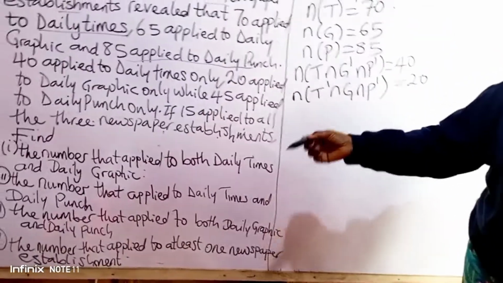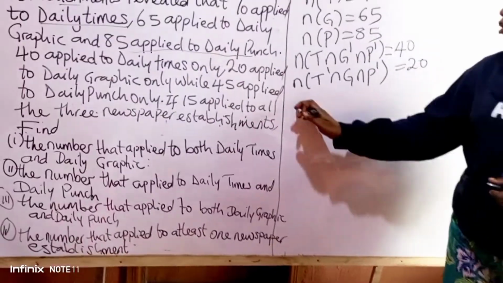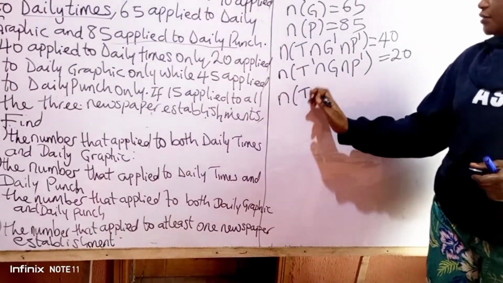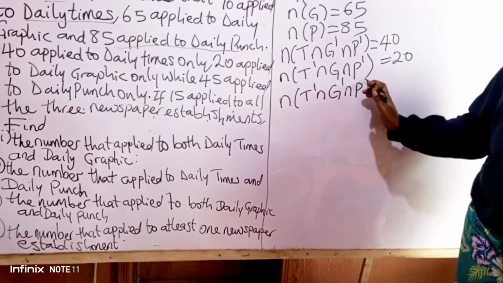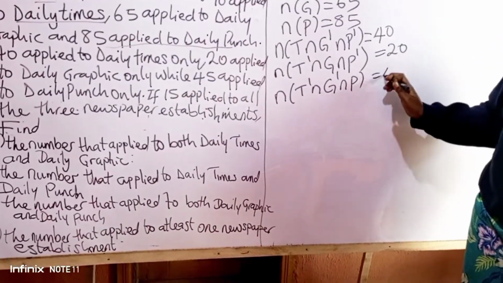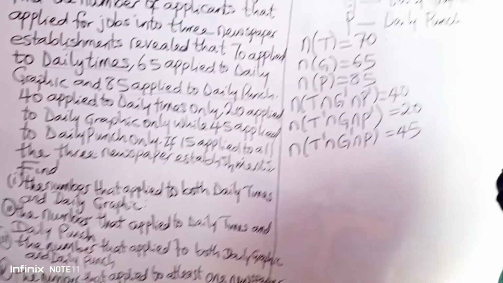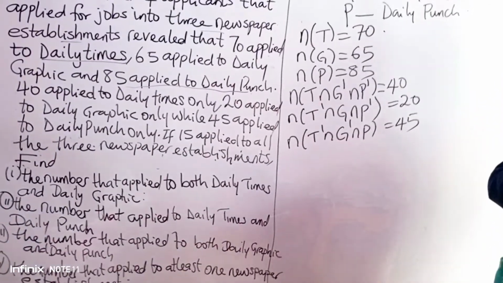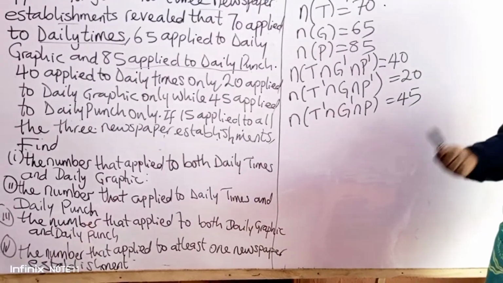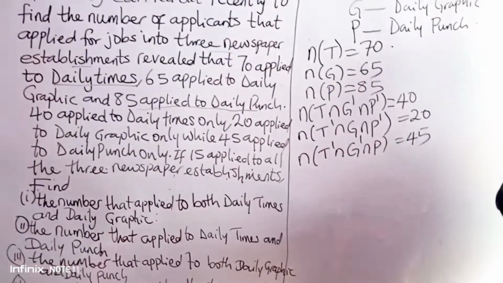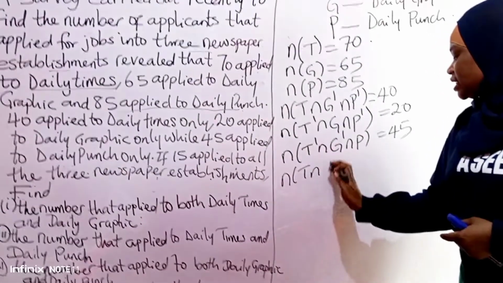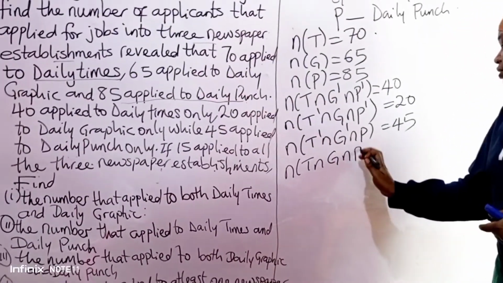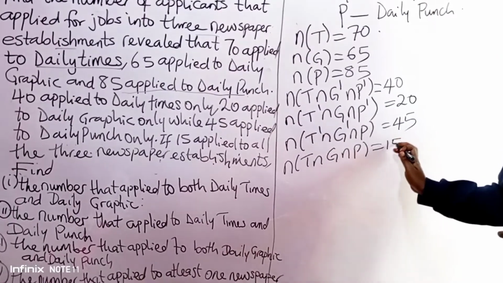While 45 applied to Daily Punch only, so cardinality of not T, not G, but only P is equal to 45. If 15 apply to all the 3 newspapers, that is the intersection of the 3, then cardinality of T intersect G intersect P is equal to 15.